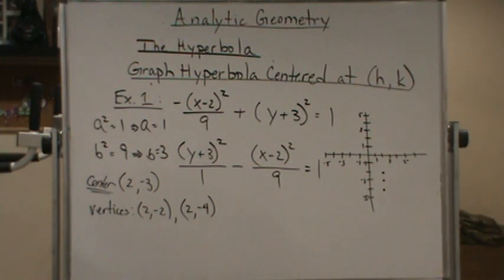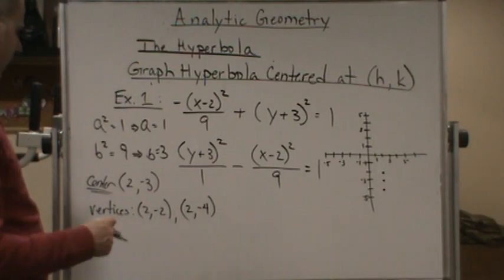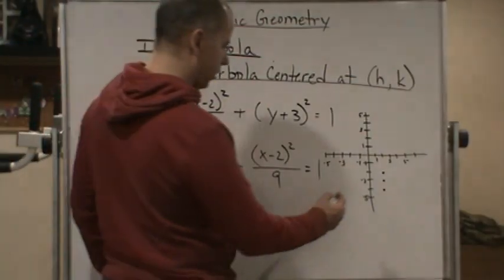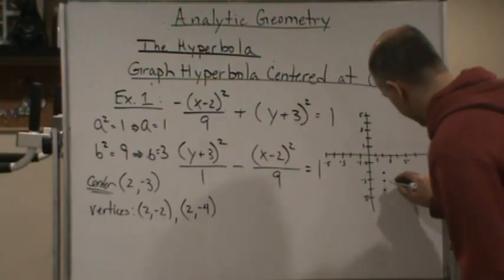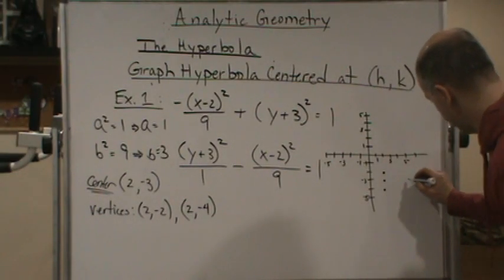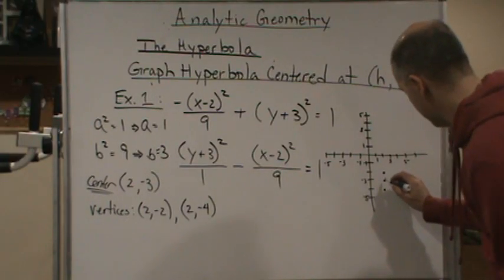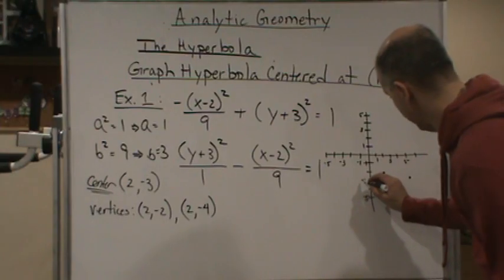Okay. Now the other thing is, let's draw the box so we can get our asymptotes, right? So b is 3, which means we're going to go 3 out from the center. So we're going to go from 2 to 5, and we're going to go from 2 to -1.